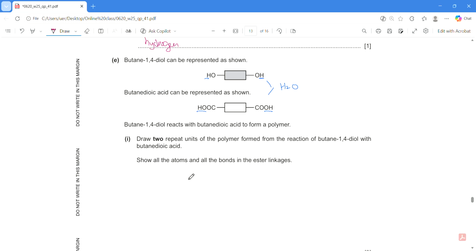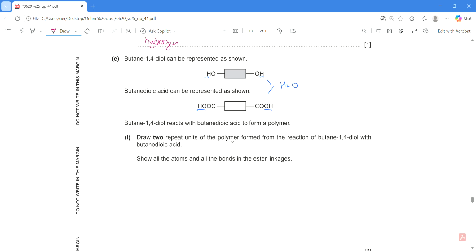And then for the drawing, you just have to copy whatever structure is left. Like for example, this white box, I have C double bond O, and the OH is gone. Now this empty bond will stick to the O from the other reactant. After combining them, you get your polymer.